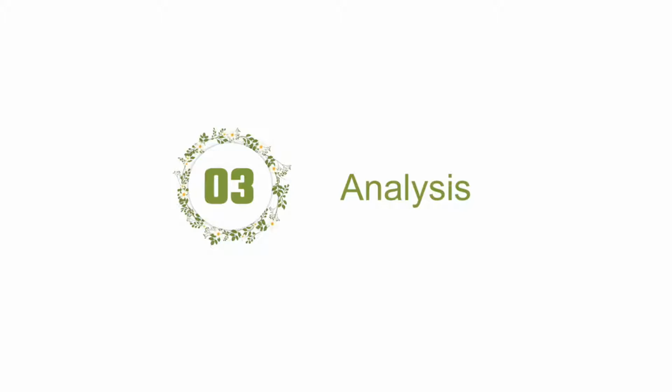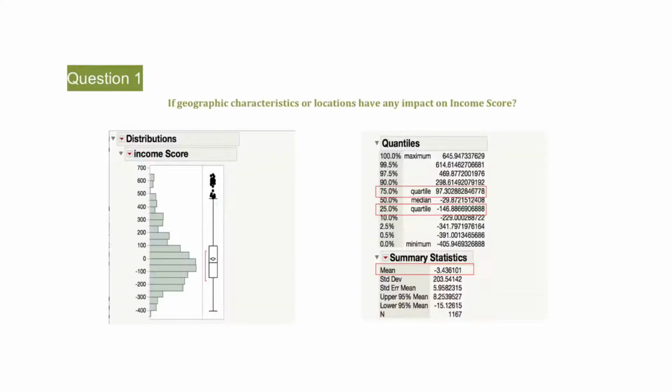Let's move on to our important part, analysis. Our question 1: if geographic characteristics or locations have any impact on income score. To identify the best locations or the geographic characteristics, we first did a distribution analysis for the income score.